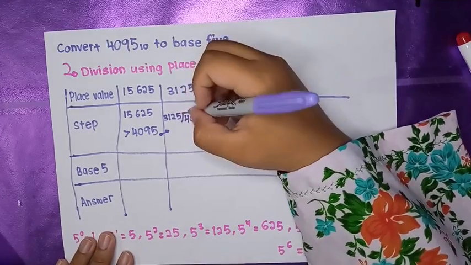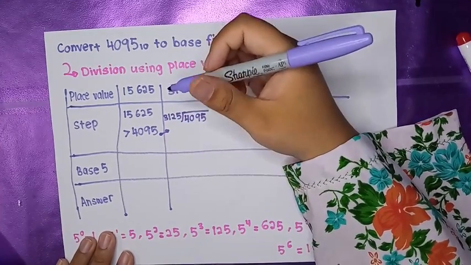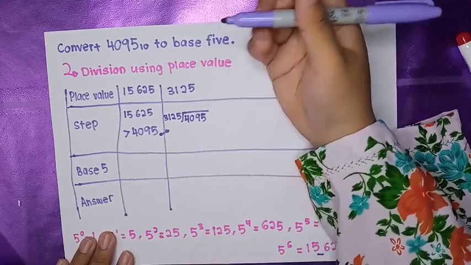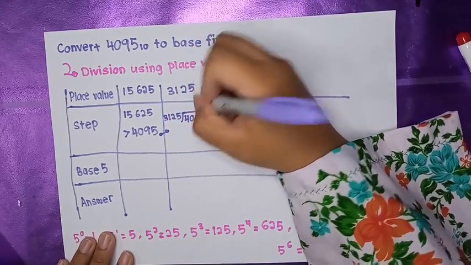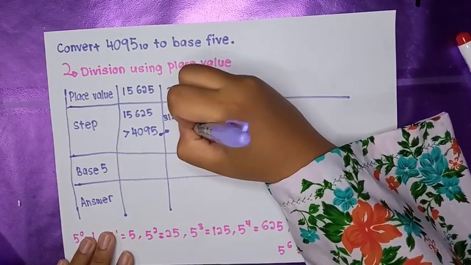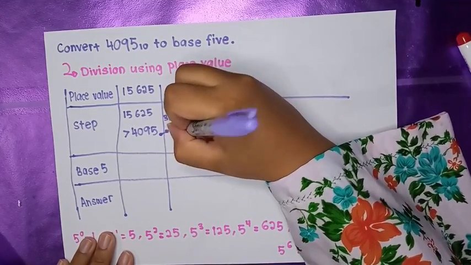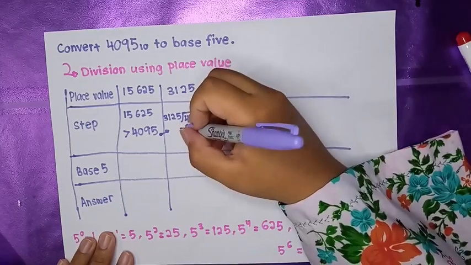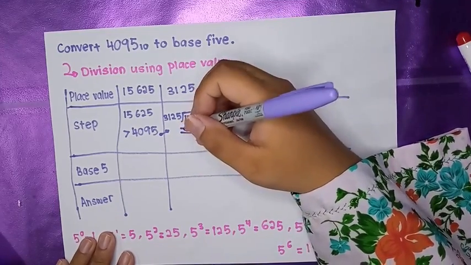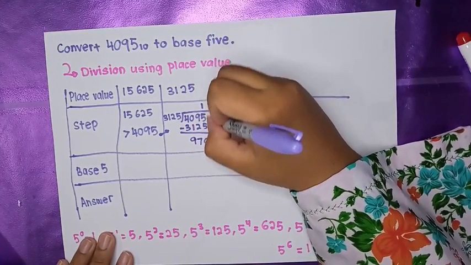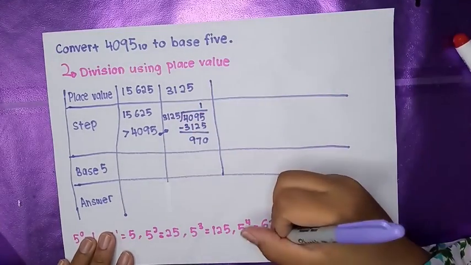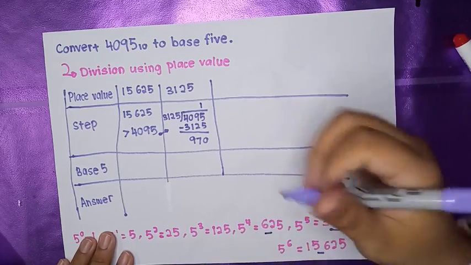We're gonna divide this as usual, like you already learned before. 3125 times 1, and here is 3125. 4095 minus 3125, we get 970.